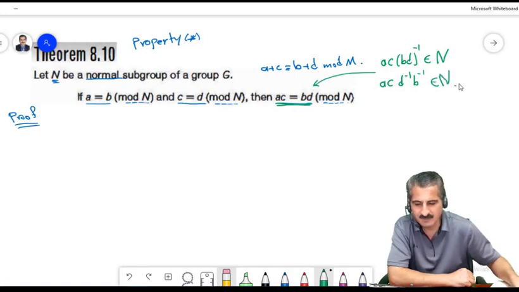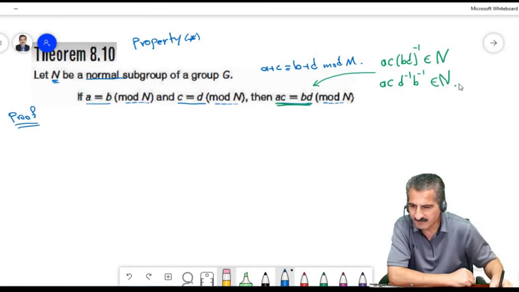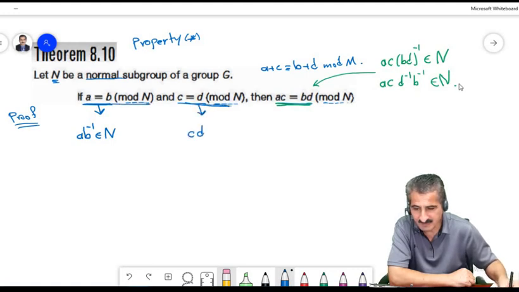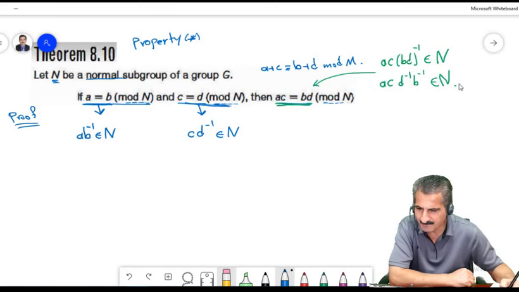Okay, what information do we have from this here? We have AB inverse belongs to N, and from this here, we have CD inverse belongs to N. So can we reach the green out of the blue? Can we do that?